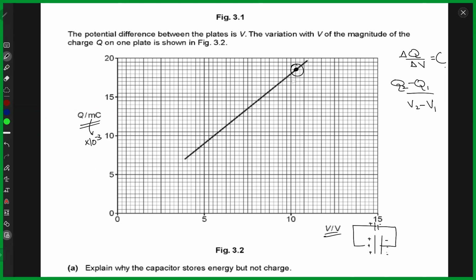On the x-axis, which is the voltage, it's about 10 volts, and the charge at that particular point is about 18 into 10 raised to power minus 3 coulombs, because there is a milli in this. So this gives you the values for voltage and charge.